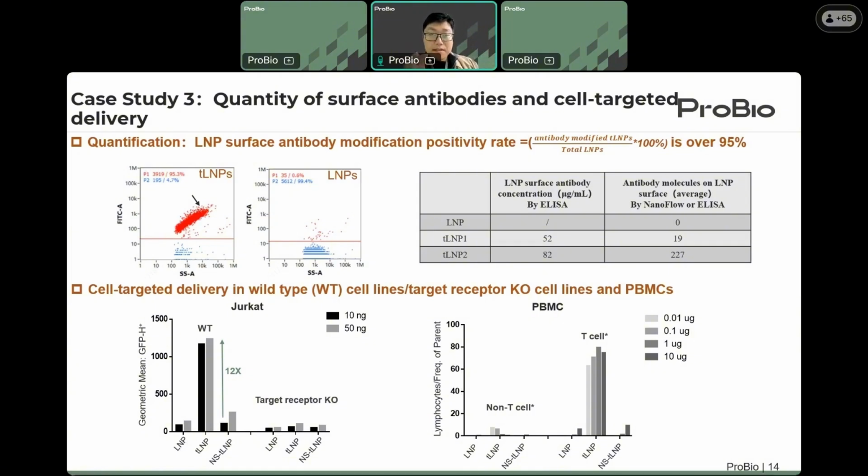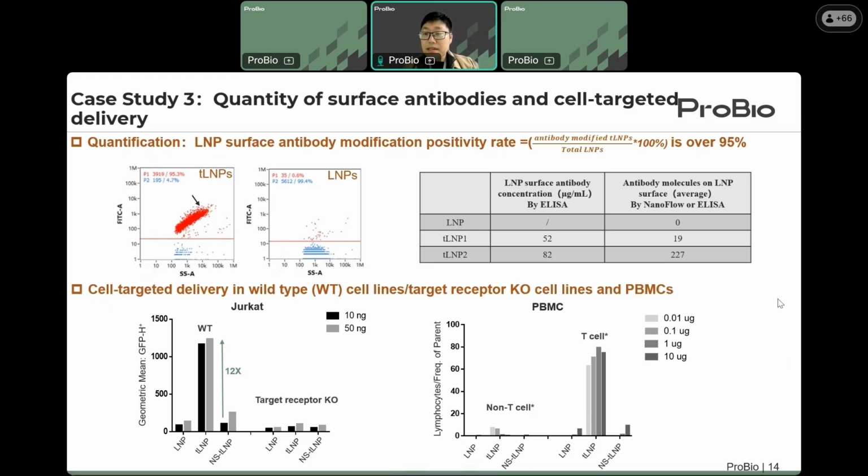However, if you link the LNP to a non-specific antibody, where NS here stands for non-specific, you decrease the cellular expression quite a lot. Which means it is the very antibody that gives you the targeting capability. And if you knock off all the cellular receptors on the target cells, all the groups drop so dramatically, right? Because there is no antibody-receptor conjugation.